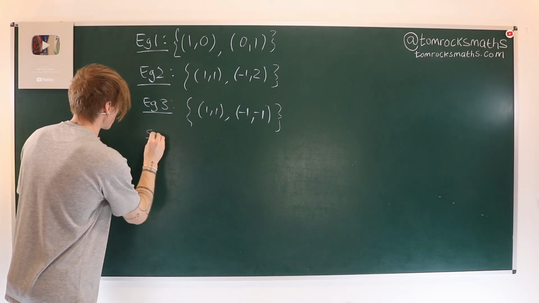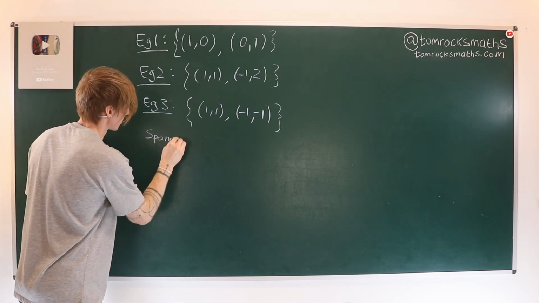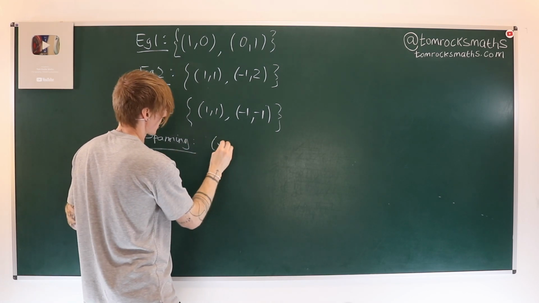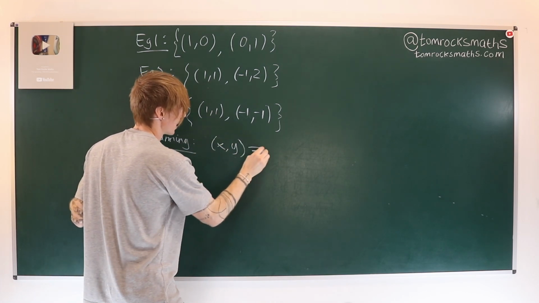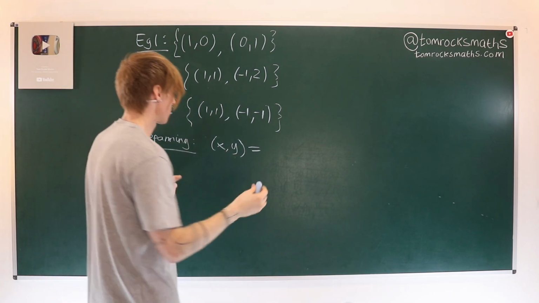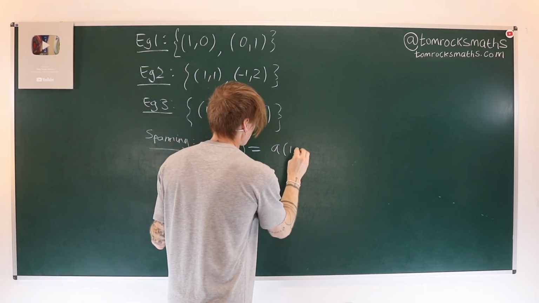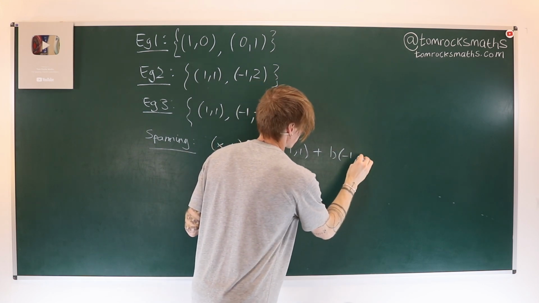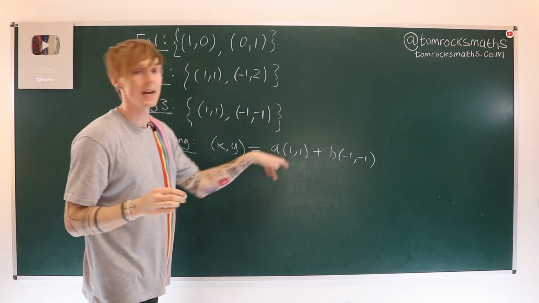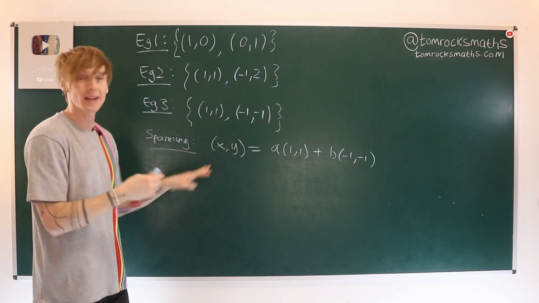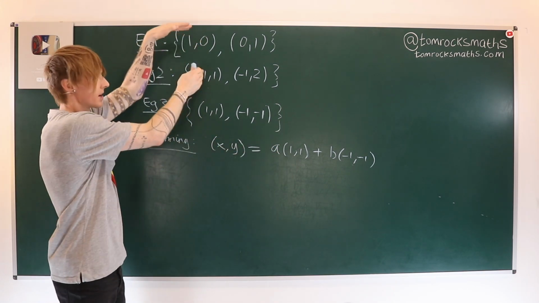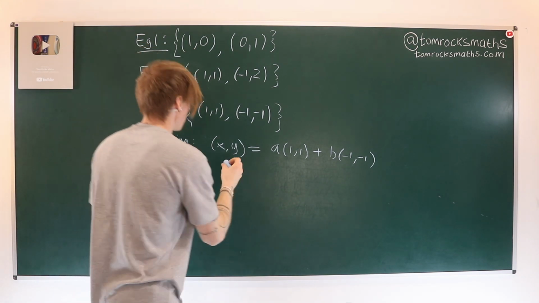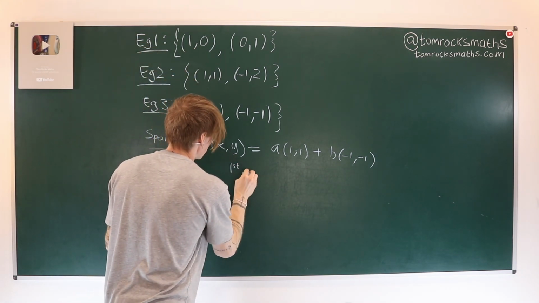So if we start by looking at spanning, if I'm given a point x, y, I need to find coefficients, let's call them a and b, such that this is true. So of course, a and b here we expect to be functions of x and y, as we've seen in these previous 2 examples.